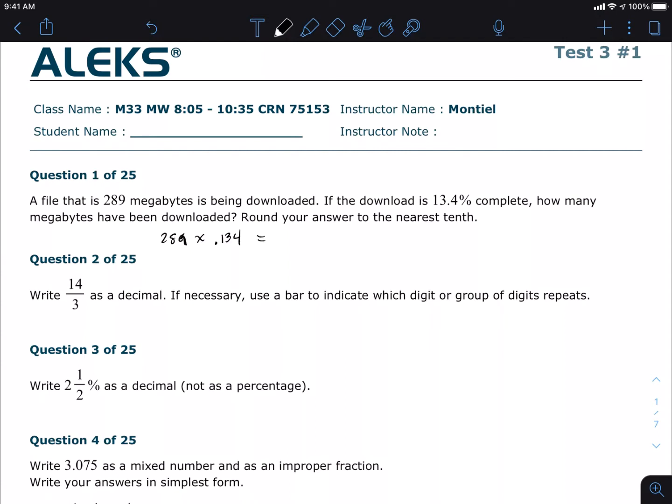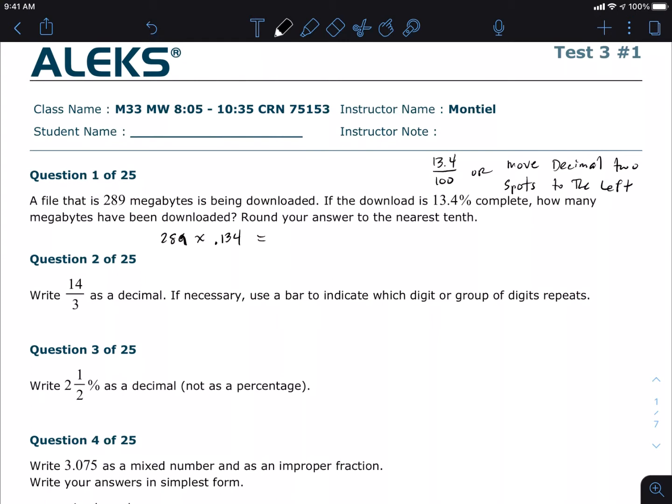And so how to do that is we can go 13.4 divided by 100, or just move the decimal 2 spots to the left. Okay.